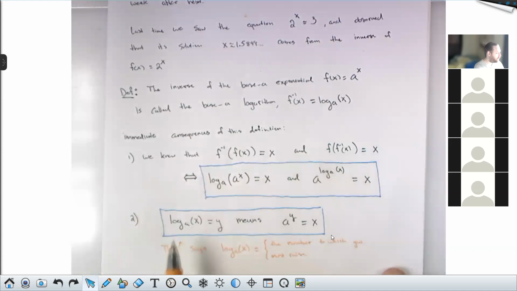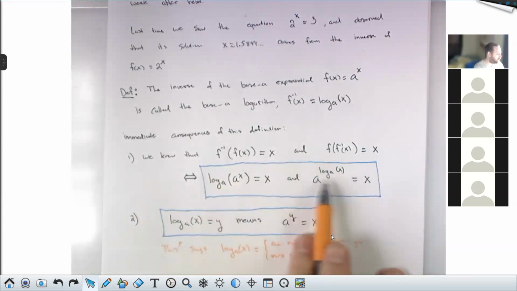So think about it here. The base a log of x is equal to y. So y is this thing, means a to the y, a to this thing is equal to x, right? And that's exactly what we say here, right? A to the y, the base a log of x is equal to x.